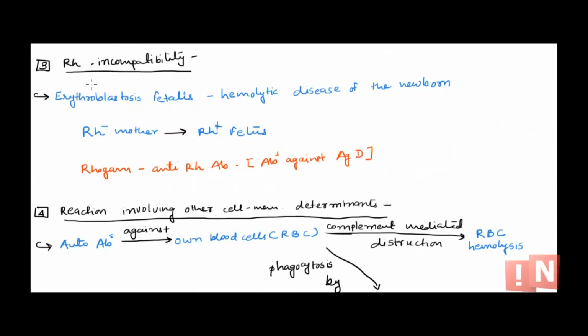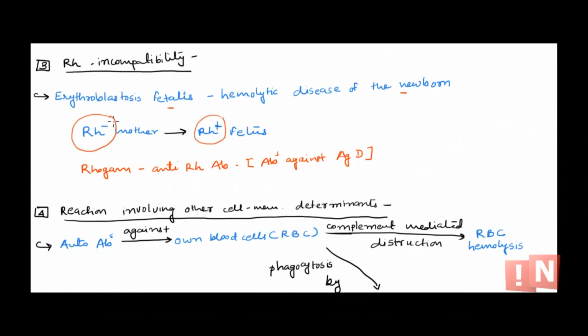Another example of type 2 hypersensitivity is Rh incompatibility, and this is also one of the topics that we have talked about. Rh incompatibility is also known as erythroblastosis fetalis or hemolytic disease of the newborn. It is a condition when an Rh negative mother has an Rh positive fetus. At the time of first delivery, fetal blood enters the mother's circulation.